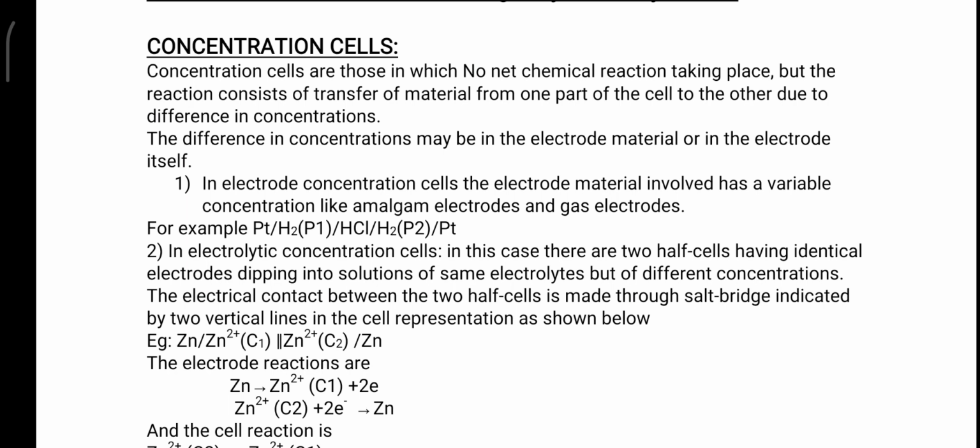So the cell can be represented as platinum in contact with hydrogen gas at P1 pressure, in contact with the HCl solution, which is the electrolytic solution here. And in the second half cell is hydrogen gas at P2 pressure, in contact with the platinum electrode.